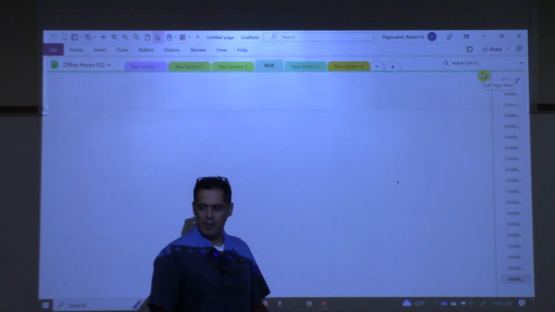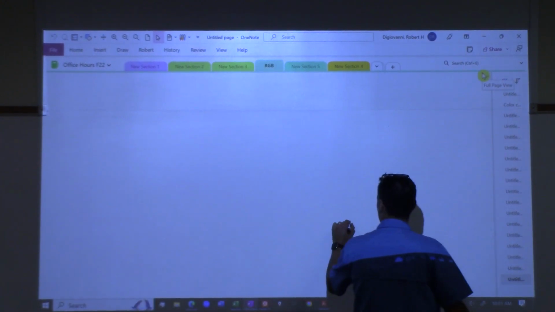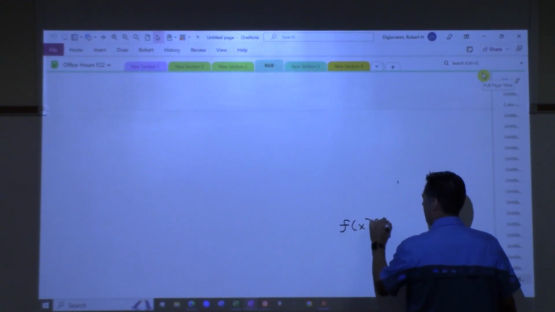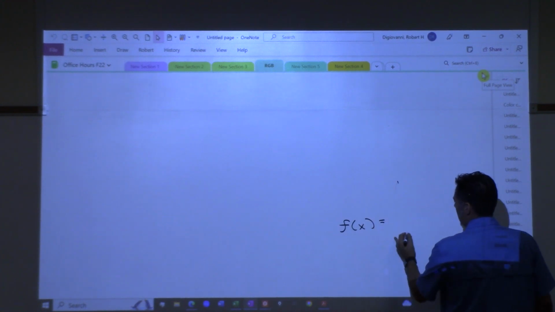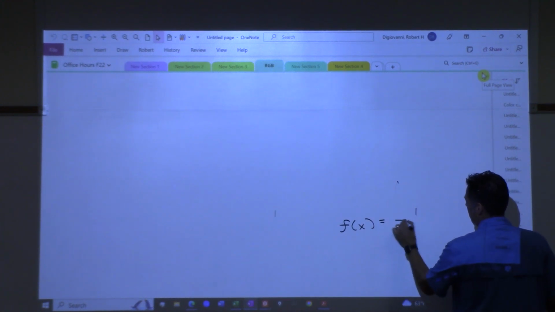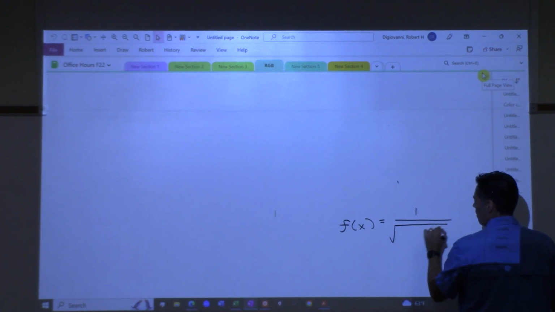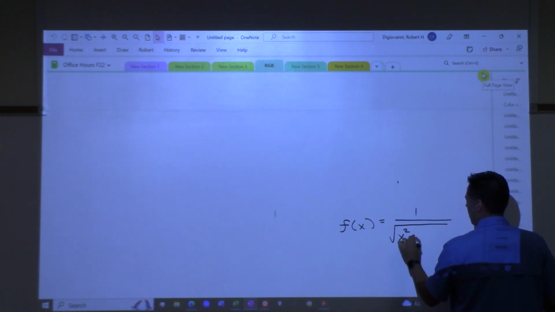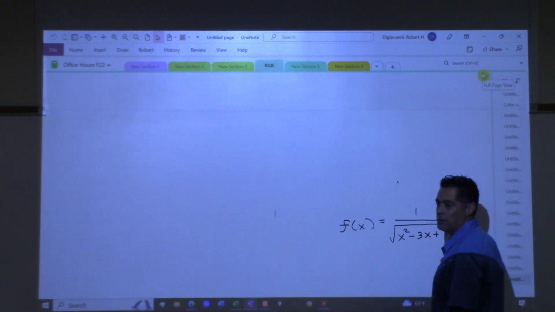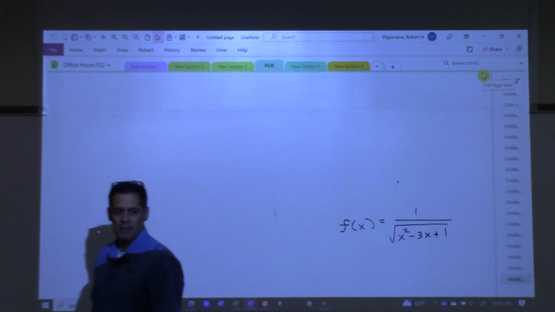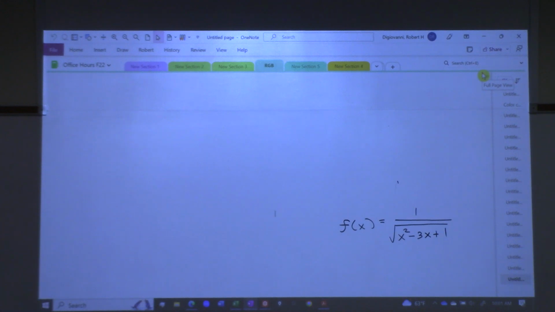You won't be able to do it, but just to give you an idea. This is a hard one. There. That's really hard. What do you take the derivative of to get that?